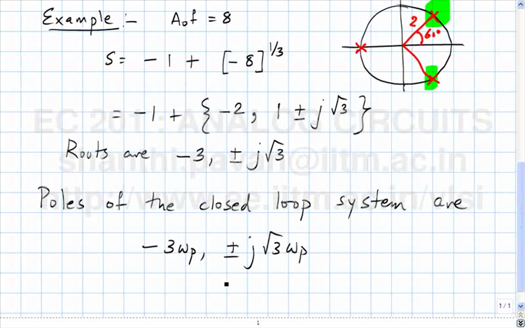Is the system stable? The roots are on the j omega axis, so technically it's stable, but you'd never want to have an amplifier like that, because the impulse response of such an amplifier will have a sinusoid with a frequency of root 3 omega P, and that will continue on forever.